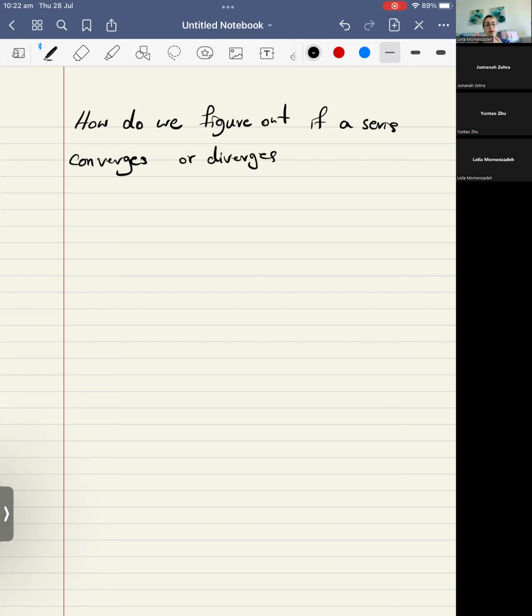Sometimes for some series that I give you as examples, it's easy to find, some simple series, but some series are not very easy to find. It's a difficult series. Now we want to know how we can figure out that a series can converge or diverge. We need the convergence test.